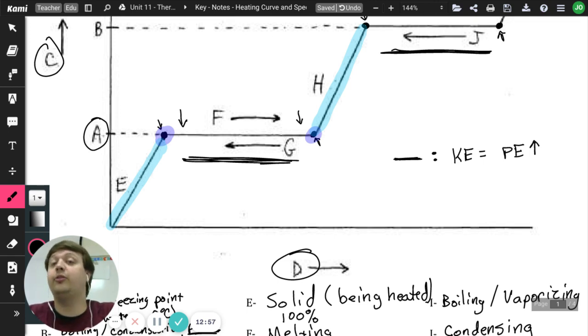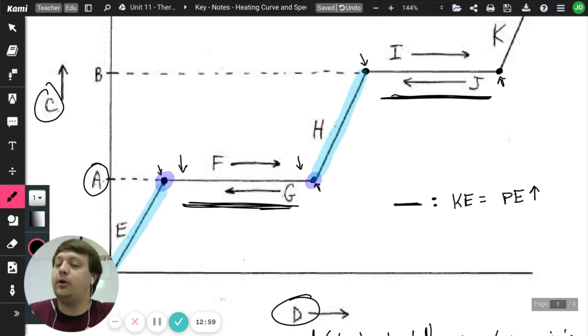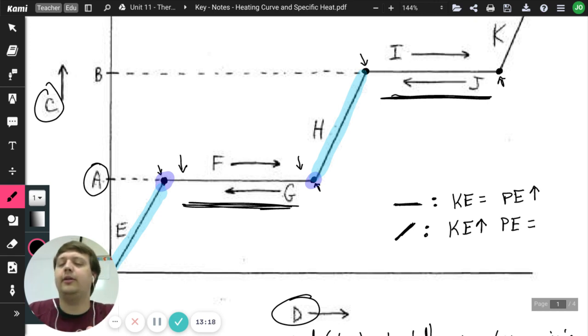So for the purposes of this curve, we are going to have potential energy increasing as we're moving from left to right. On my slants, that's going to be where our kinetic energy is increasing, but our potential energy is staying the same.